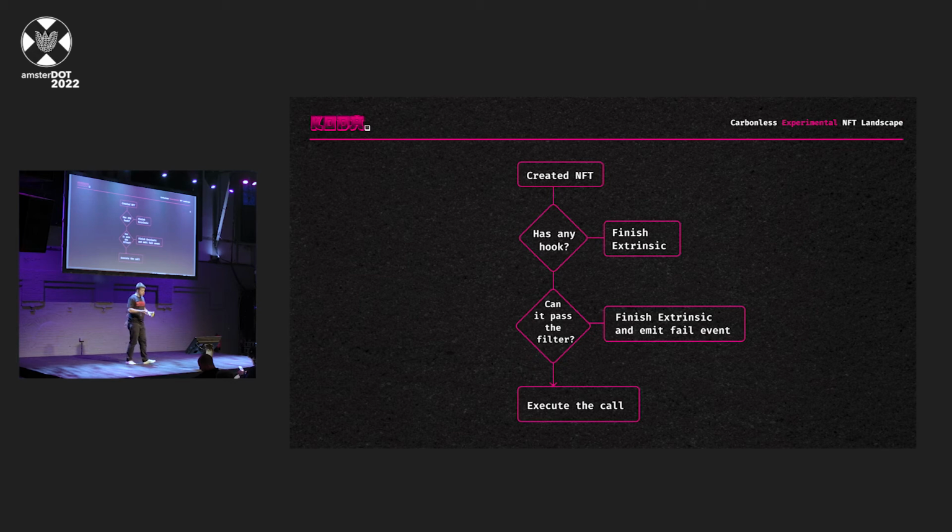If it can't pass the filter, we just finish the call as it is, because the primary function is to create the NFT and the call is optional, and just emit a fail event that this call wasn't even executed. And if your optional call can pass the filter, you can just execute the call. So for example, schedule listing would be a perfect feature. Instead of posting on Twitter, I'm going to be listing my NFT at 1 p.m., you just schedule it, and Substrate natively handles it itself.